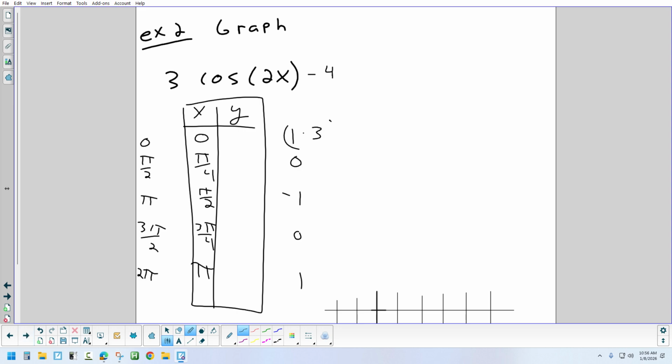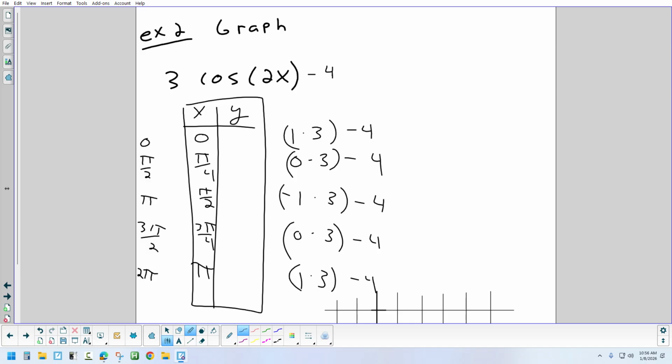So think of it like this. Okay. So the first one, that's going to give you 3 minus 4. Second one, 0 minus 4. How about the third one?